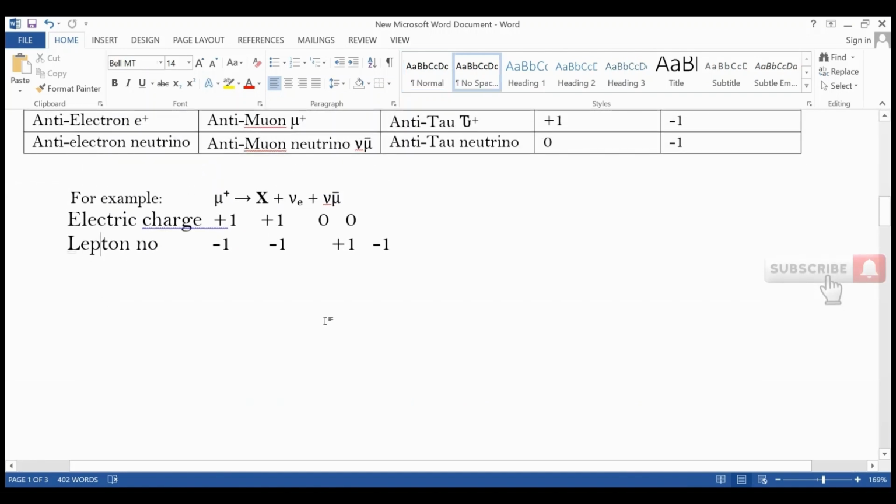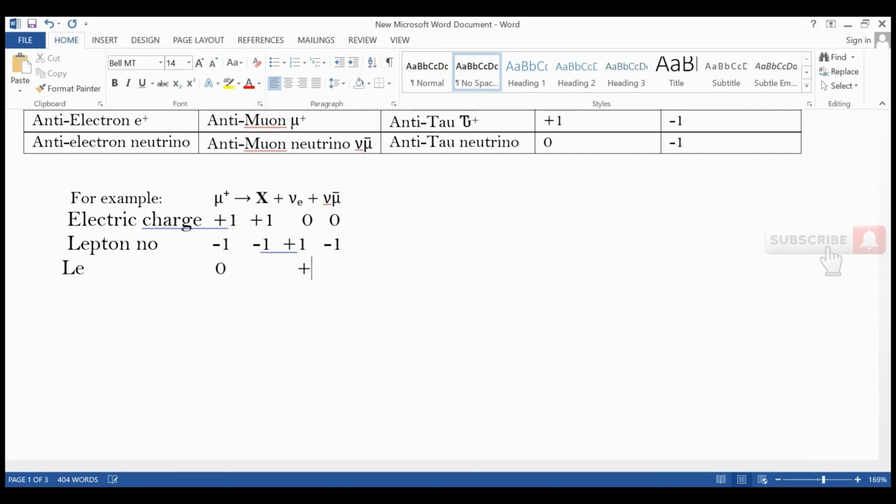Here, for electron family, this is muon. So muon is not allowed in electron family. So here it would be 0. Now we have electron neutrino. Electron neutrino belongs to electron lepton family.